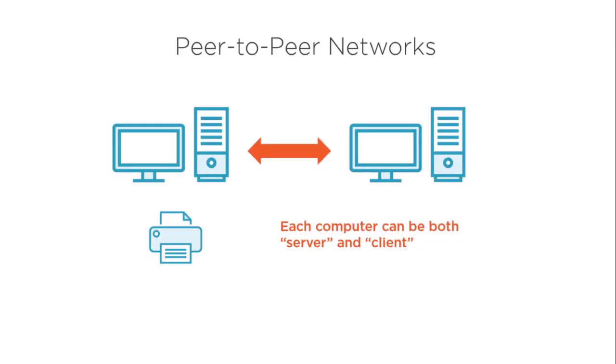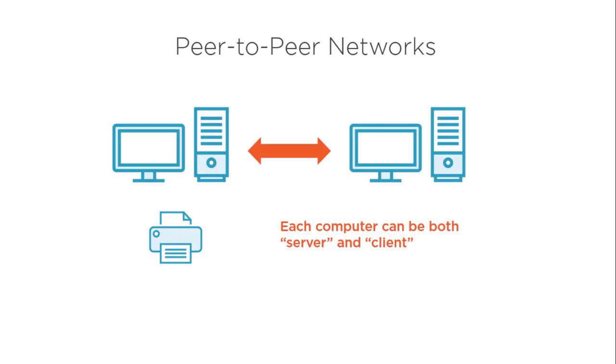So there are two models of network sharing. One is called a peer-to-peer network. In a peer-to-peer network, each computer can be both server and client. For example, the networking we use in our home network is a peer-to-peer network. We can share files, movies and songs with other users on our network, and they also share some resources of their computers with us.